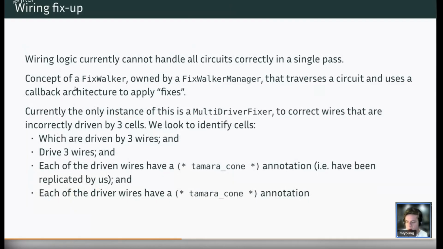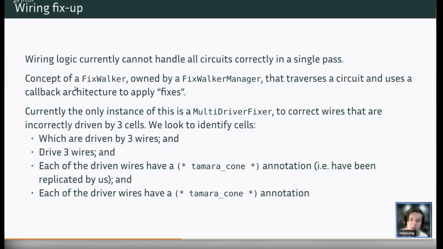And of course, we can't actually handle all of the wiring in a single pass. We have to come back and do it again. So I introduced the concept of this thing called a fix walker, which is owned by a fix walker manager that basically tries to traverse the circuit, I think this time in breadth first order, and uses a callback system to apply individual fixes. I originally hoped to have multiple walkers that would walk the circuit and fix them up, but I ended up with only one.